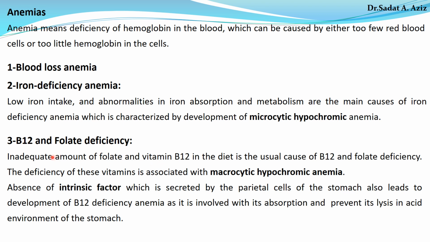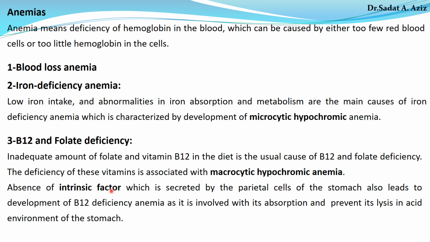So sometimes, especially B12 deficiency anemia is related to the absence of intrinsic factor. Intrinsic factor is a factor which is released by specific cells within the stomach. So when we get to the GIT physiology, I will explain the cell in detail.